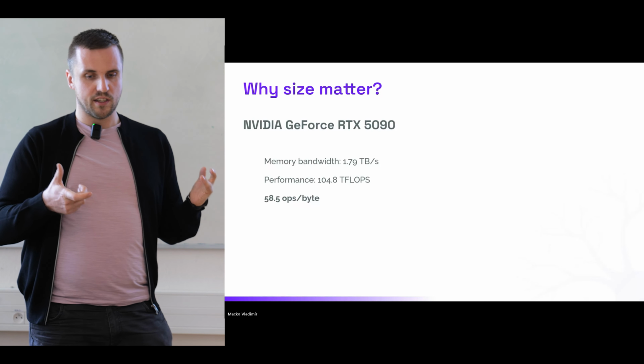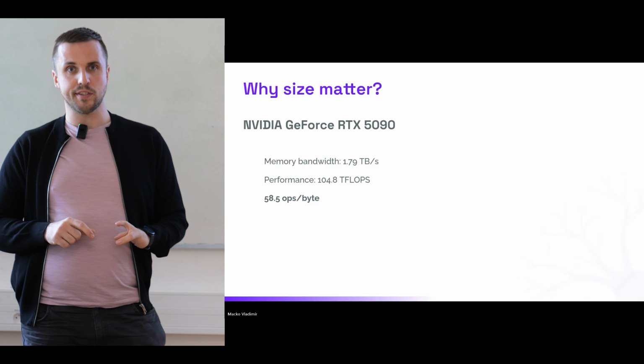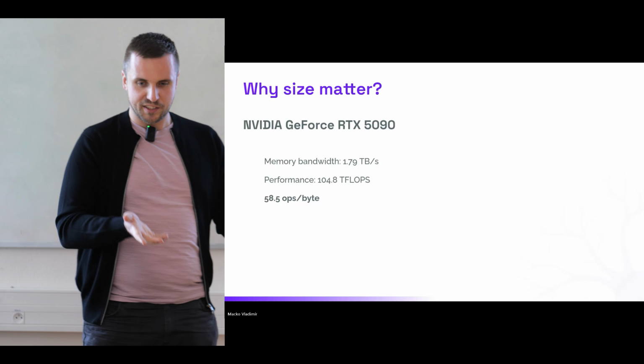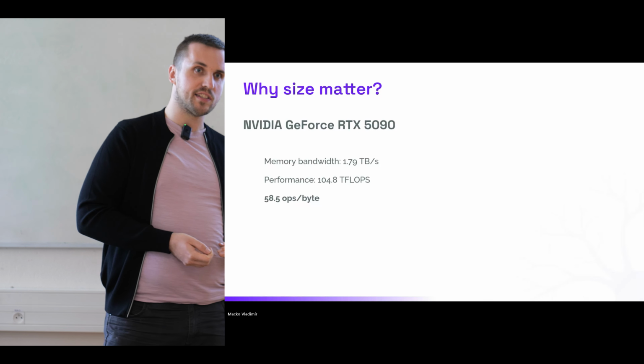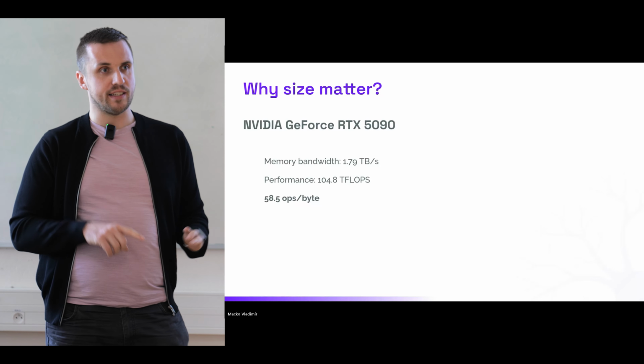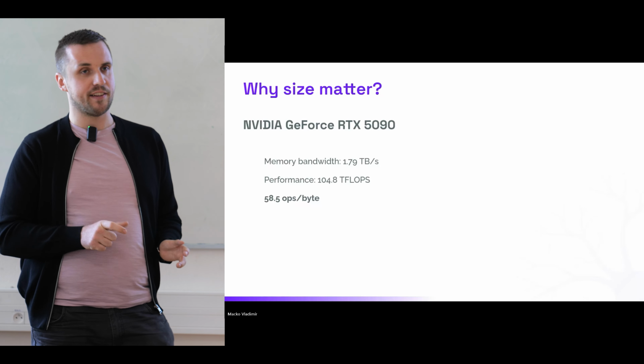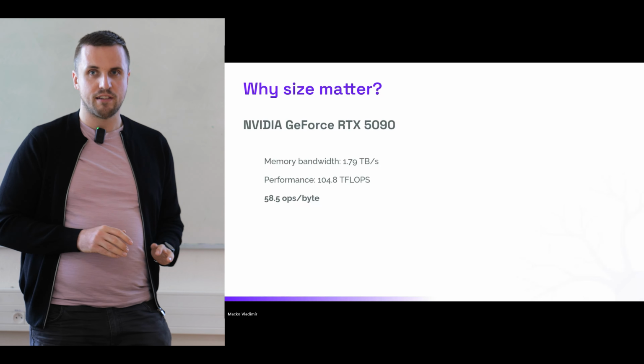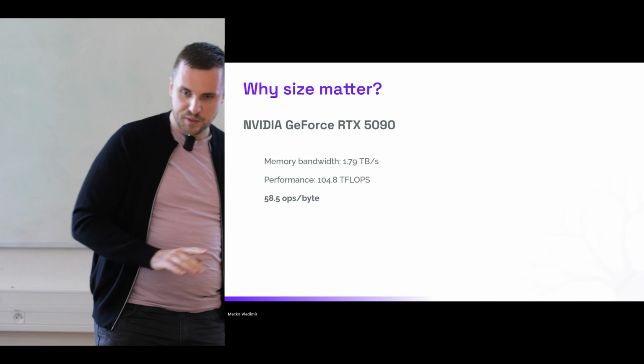If you take the ratio of these two numbers, you will get a quantity called ops per byte, which tells you how many operations the GPU can perform in the same time as it accesses 1 byte of memory. That looks kind of arbitrary, but we'll see how it's used.